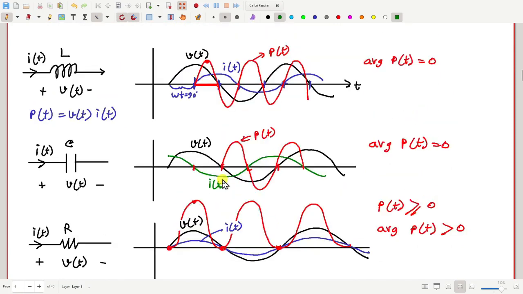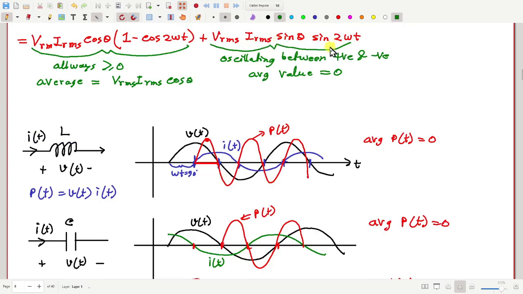However, the graph of the second term is similar to the graph of the power of either the inductance or the capacitance. So the first term is similar to a resistance, and this term is similar to an L or C.